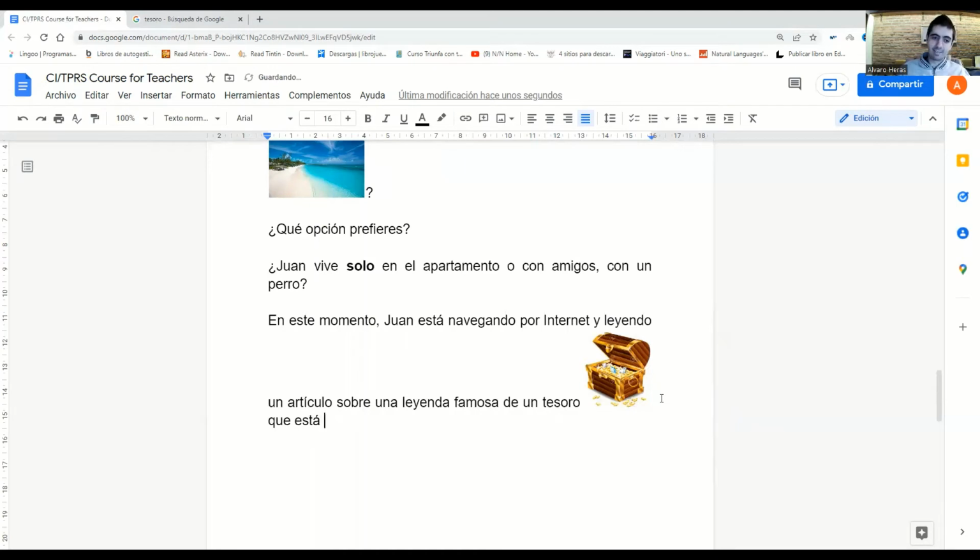Que está en el fondo del Océano Pacífico, en el fondo, ¿sí? Yeah, got it. Del Océano Pacífico, right. Cerca de Hawái. Oh, ¿sí? Nice. Perfecto.